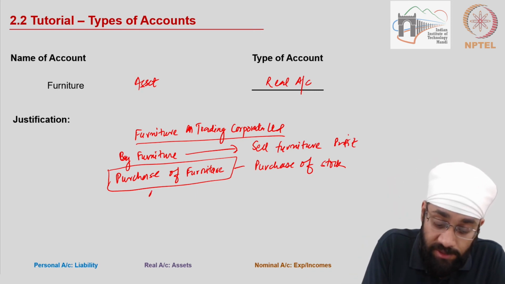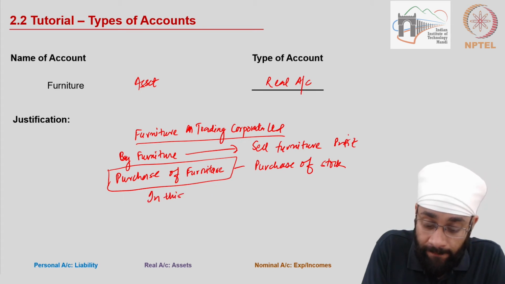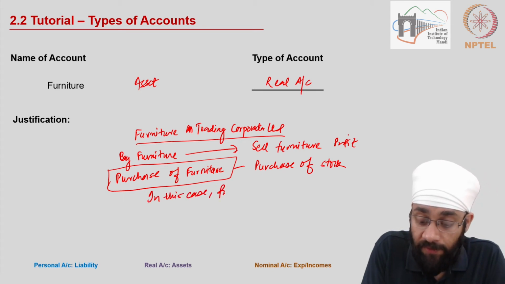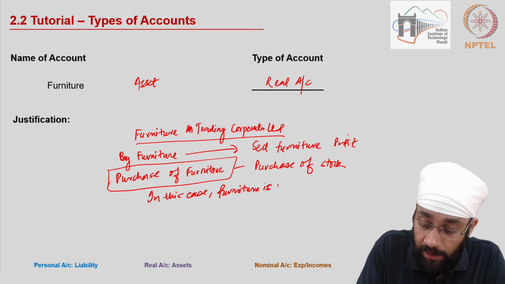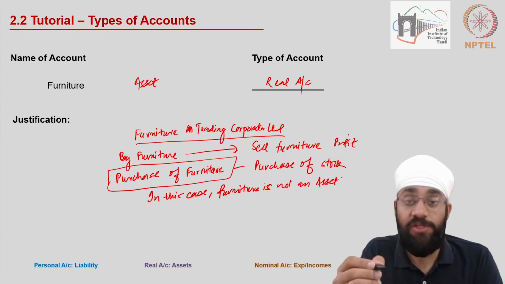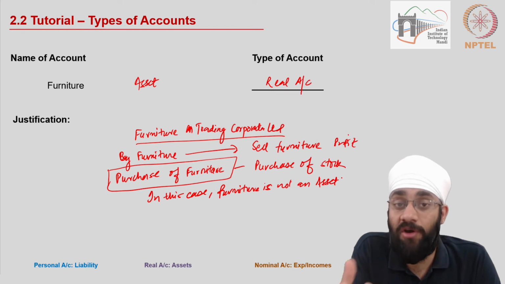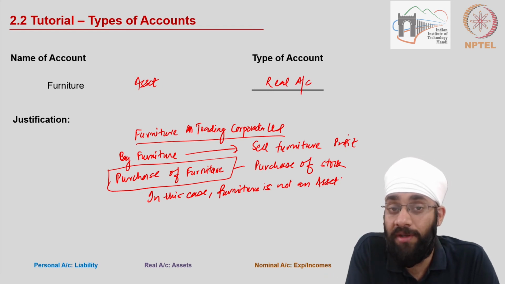Therefore, in this case, the furniture is not an asset. Furniture is considered a stock item here and not an asset.